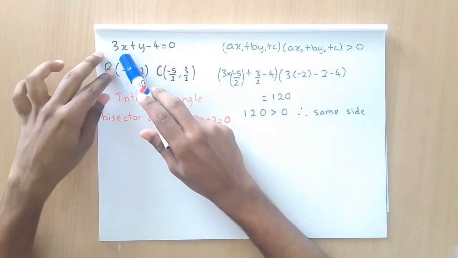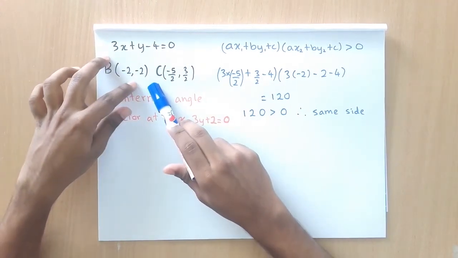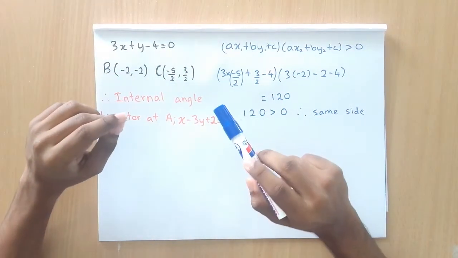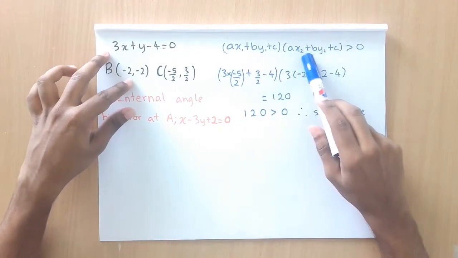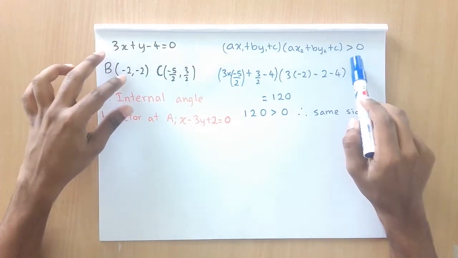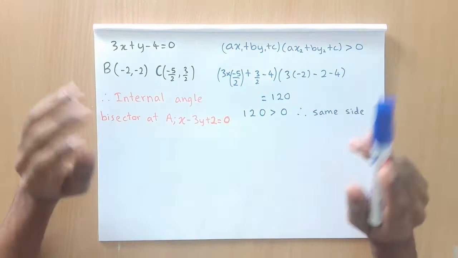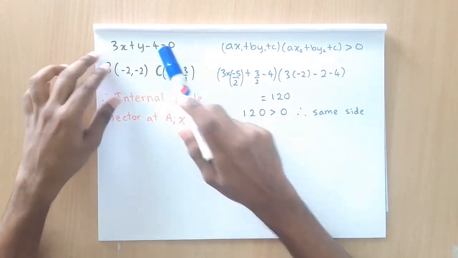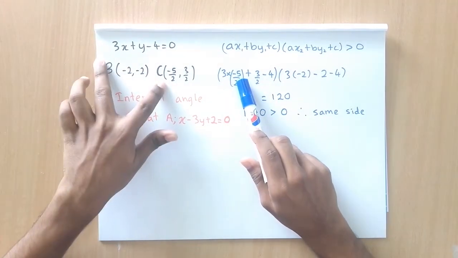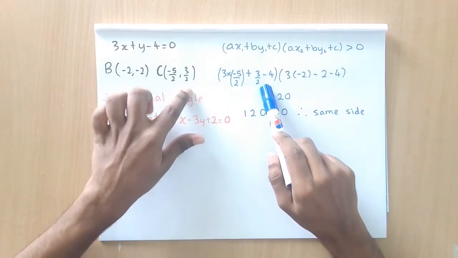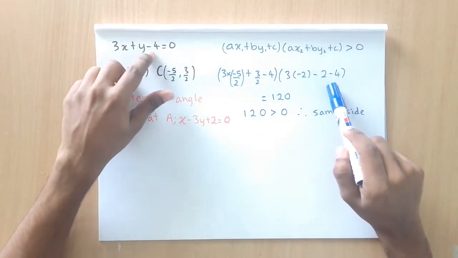So I'll take one bisector, 3x plus y minus 4 equals 0, and consider the points B and C. Just like we learned in our previous video, if (ax1 plus by1 plus c) into (ax2 plus by2 plus c) is greater than 0, then the 2 points B and C are located on the same side of the straight line. Now by substituting the values, we get (3 into minus 5 upon 2 plus 3 upon 2 minus 4) into (3 into minus 2 minus 4).